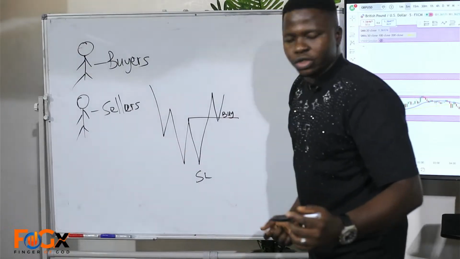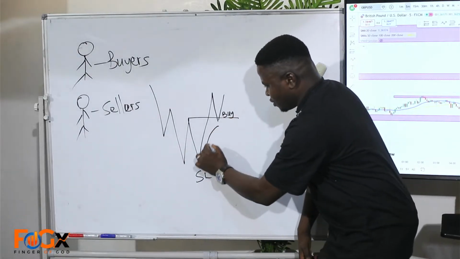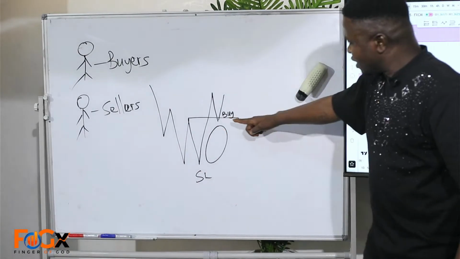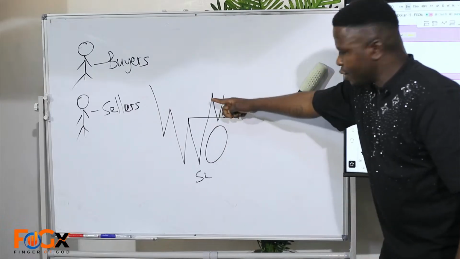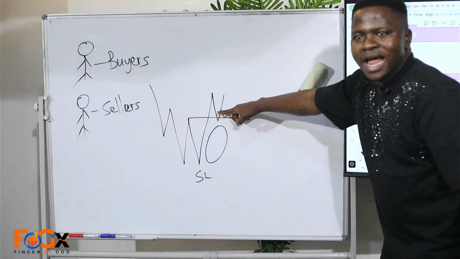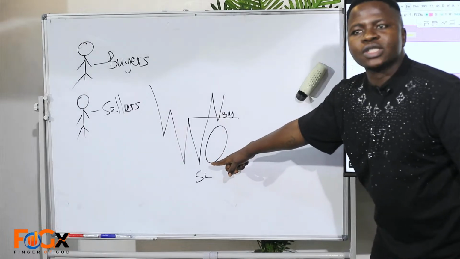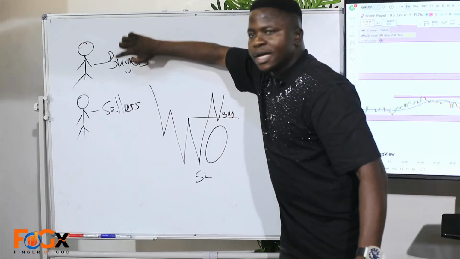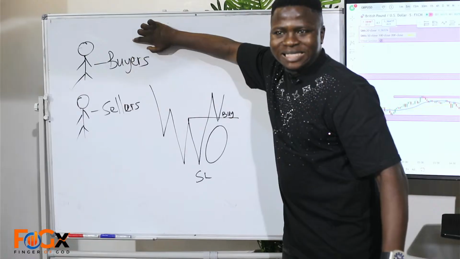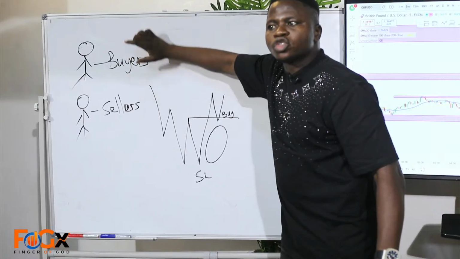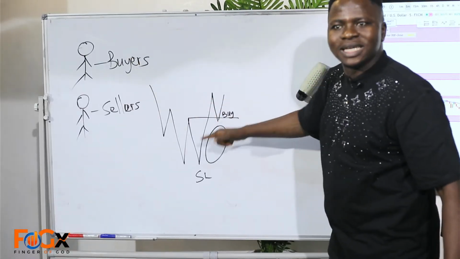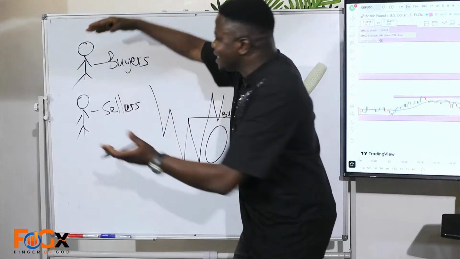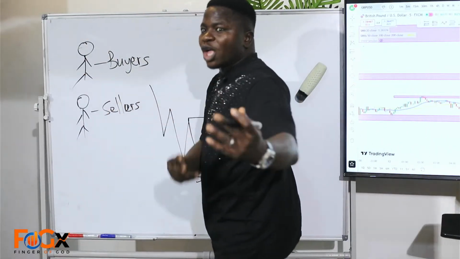Now, sir, watch. This area you are seeing, this gap between that entry and where your stop loss is, these guys here are placing bets on that area. Some are filling orders in that area. And I'm not talking about retail traders.